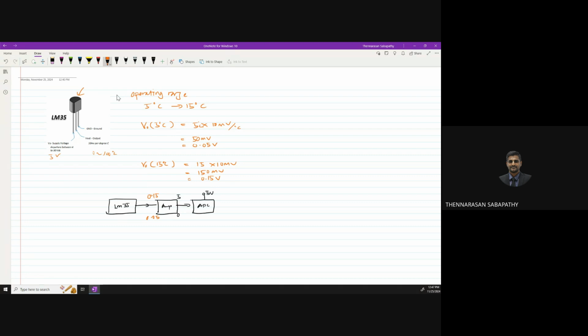If, for example, a student uses an NTC and couldn't get an accurate result, or has some problem, we still tolerate. But once you get the LM35 and say that you couldn't get the output, we won't tolerate, because it's quite a straightforward sensor where you don't need to design the voltage divider. Less hassle with the LM35.